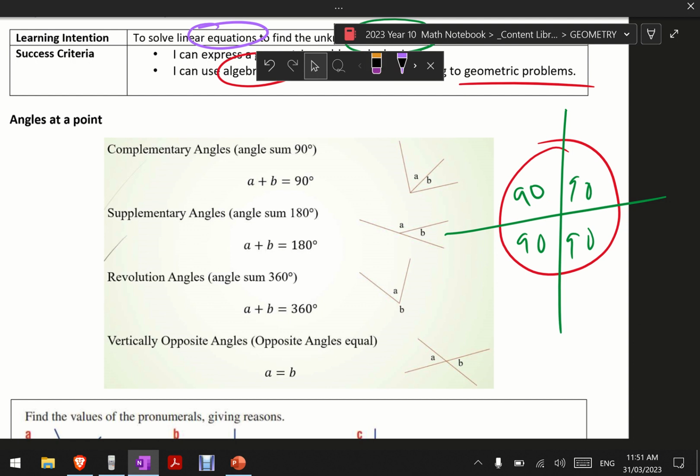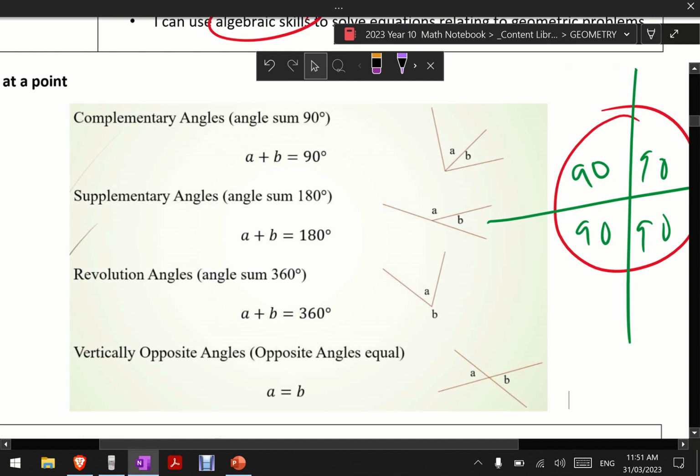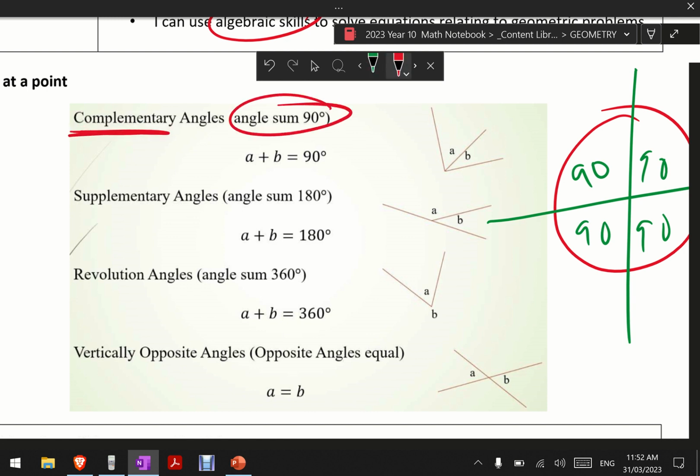Now, putting that aside for now, there are specific names for each one of them. When we look at an angle that is 90 degrees, we refer to it as complementary. So complementary equals 90 degrees. Keep that in mind. Supplementary equals 180.